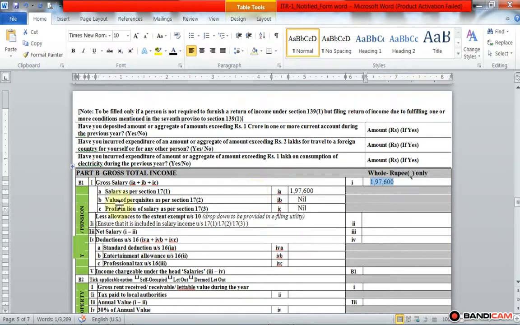Then less: allowances to the extent exempt under section 10. Allowances to the extent of exemption are not given, so here nil.